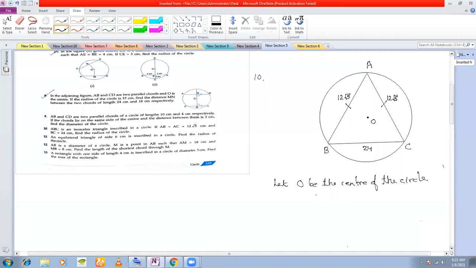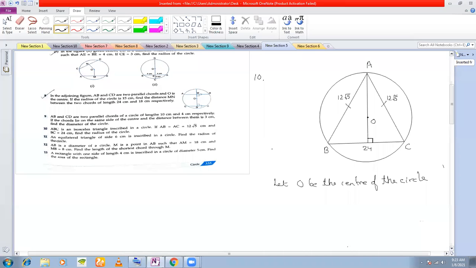Now, if I draw a perpendicular from the vertex A of this triangle to the side BC, will it pass through O? That is my question. Yes, tell me.